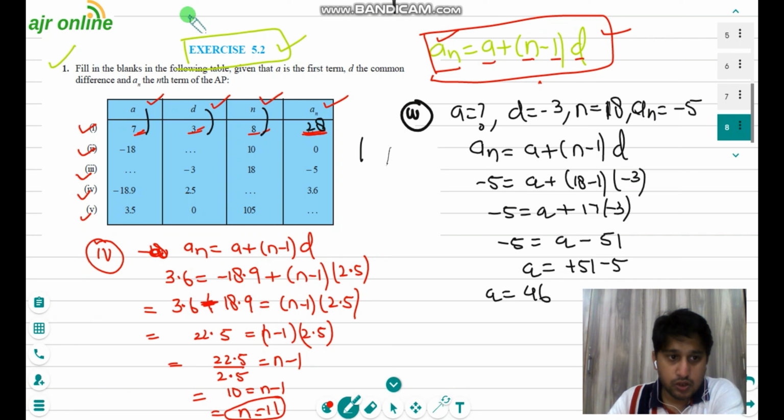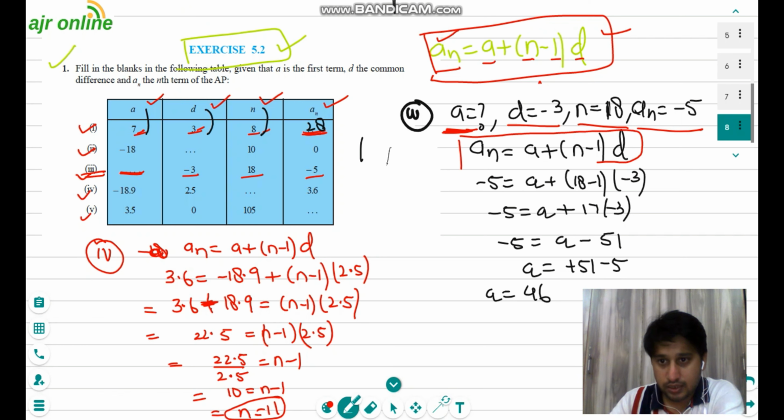Dear students, now let's see question number 3. In question number 3, a is missing, d is given as minus 3, n is given as 18, and an is minus 5. Again we keep the same formula, an is equals to a plus n minus 1 d. We put an as minus 5, a we have to find, n is 18 minus 1, and d is minus 3.